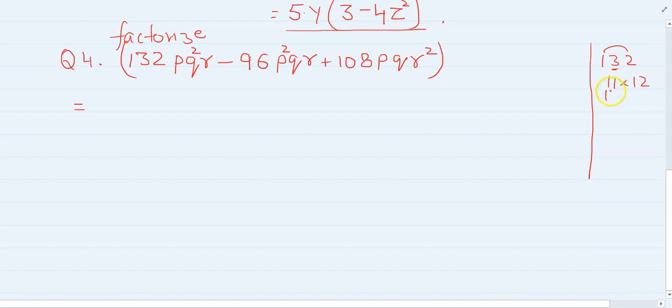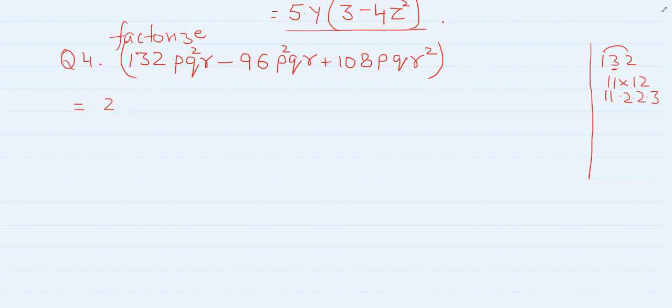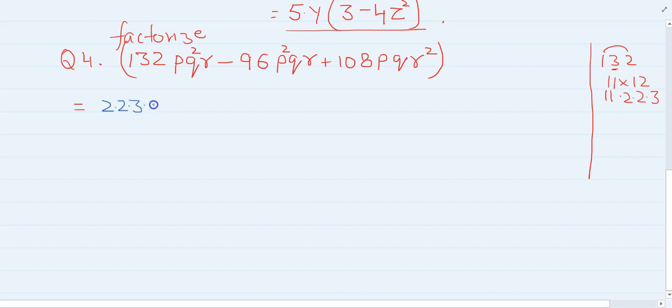So 11, and the factors of 12 are 2 times 2 is 4, times 3 is 12. So the factors will be 2 multiplied by 2 multiplied by 3 multiplied by 11 multiplied by p.